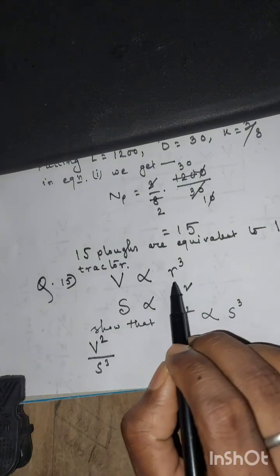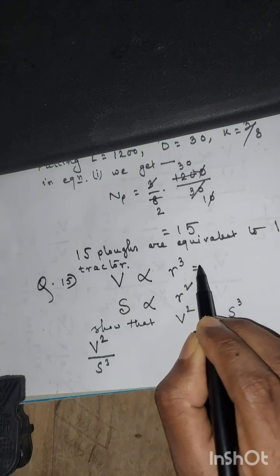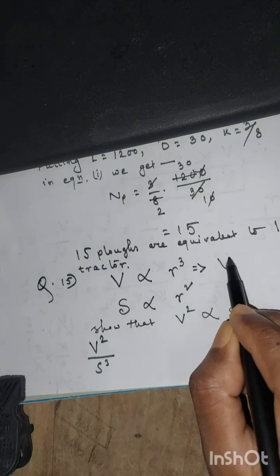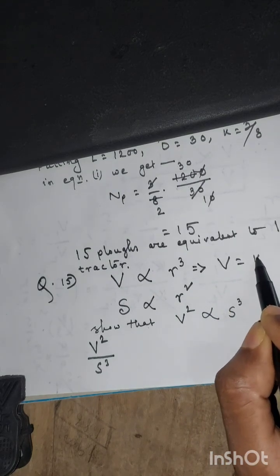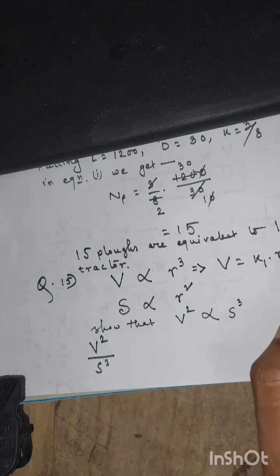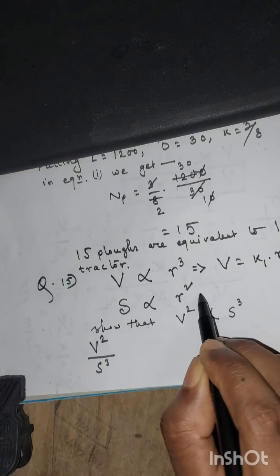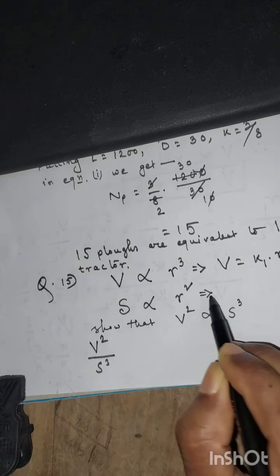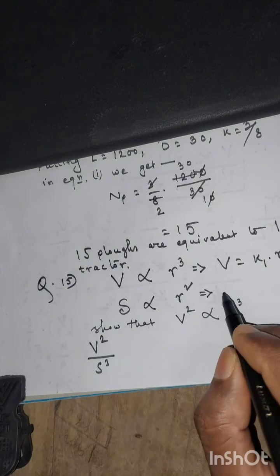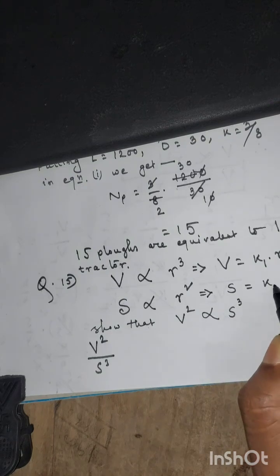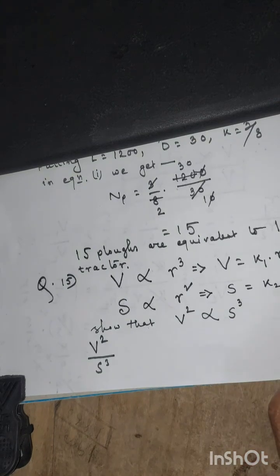Now we are using the first relation and converting it into an equation. V equal to k1 into r cube, and using this we can write S equal to k2 into r square.